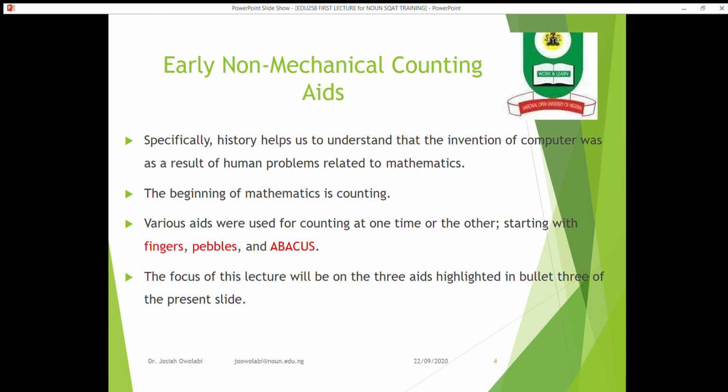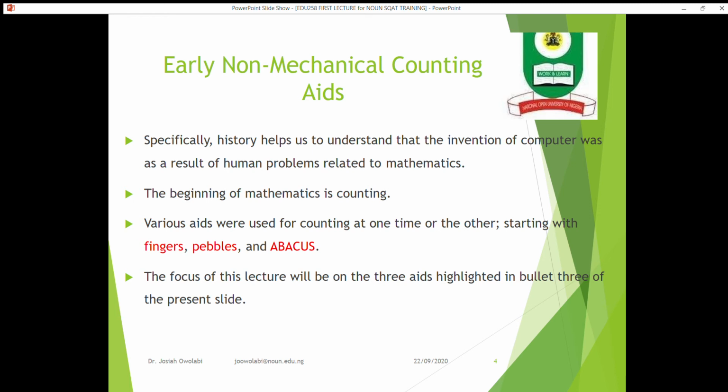He was a professor of mathematics. Because of the need in mathematics, the idea of computer came up. Of course, mathematics and computer are quite interrelated. I know some professors in computer who started as mathematicians and studied up to master's and PhD level before they branched into computer. So computer invention came up as a result of problems that needed to be solved in mathematics.